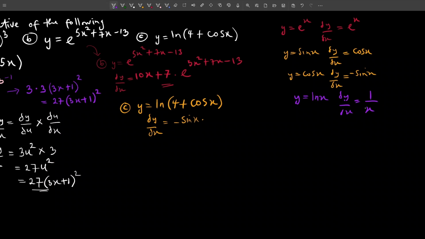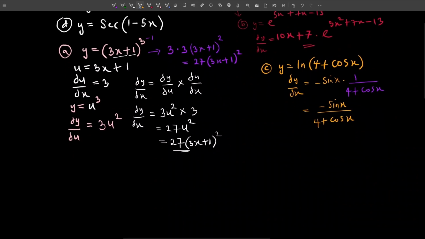So after giving 1 over x, that will be 1 over everything here, which is 4 plus cos x. So dy/dx is equal to minus sin x times 1, which gives minus sin x over 4 plus cos x.